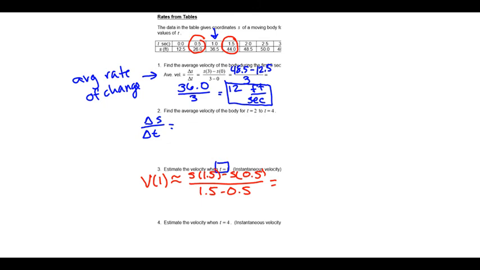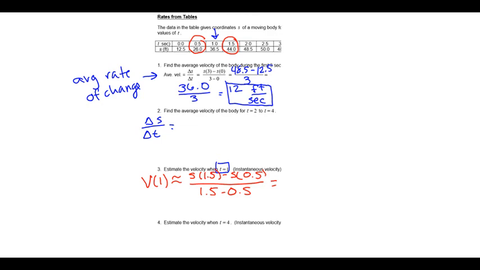And 1.5 minus 0.5 is 1. So if we evaluate this, we get 18 over 1, which is 18. And don't forget your units. We're still doing feet per second. So at t equals 1, the estimated velocity is 18 feet per second.